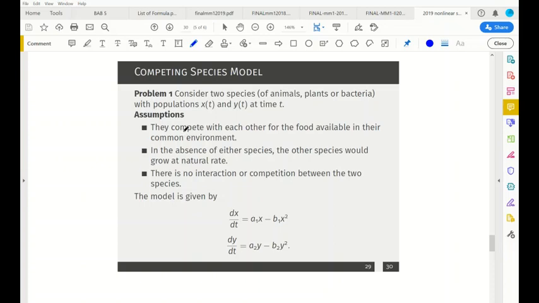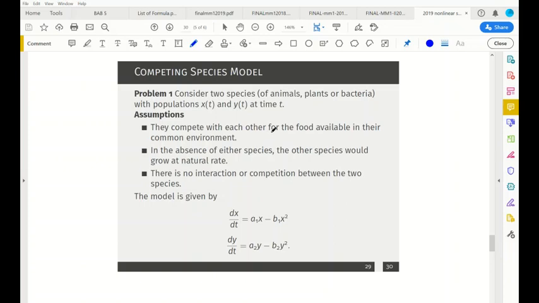The first assumption here, if we consider the population changes for x, means we will have the first equation, the equation for dx/dt. And this assumption means x competes with x for food, the same with y competing with y for food.